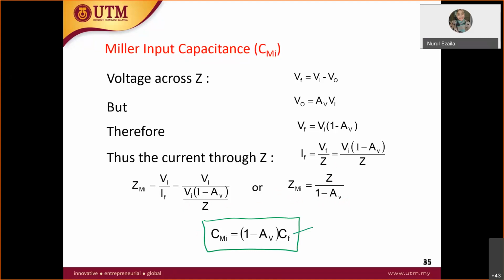This is referring to the feedback capacitance. You will see later.